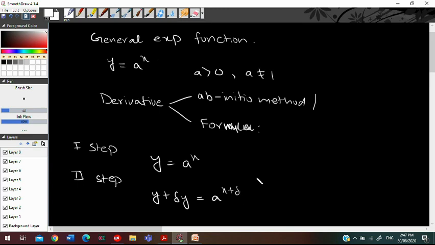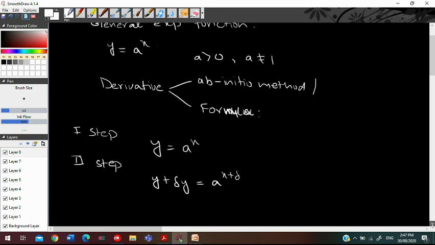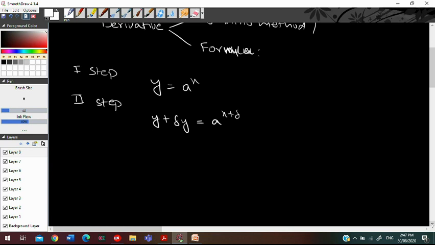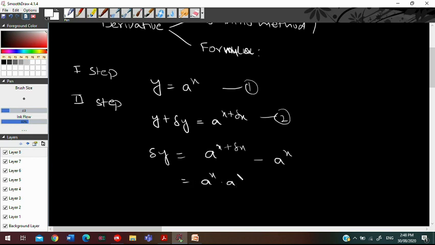Now the third step is we subtract both equations. If this is our equation number 1 and this is our equation number 2, when we subtract these two equations, we get delta y is equal to a power (x plus delta x) minus a power x. If we split this term like this, there is no difference between these two equations.